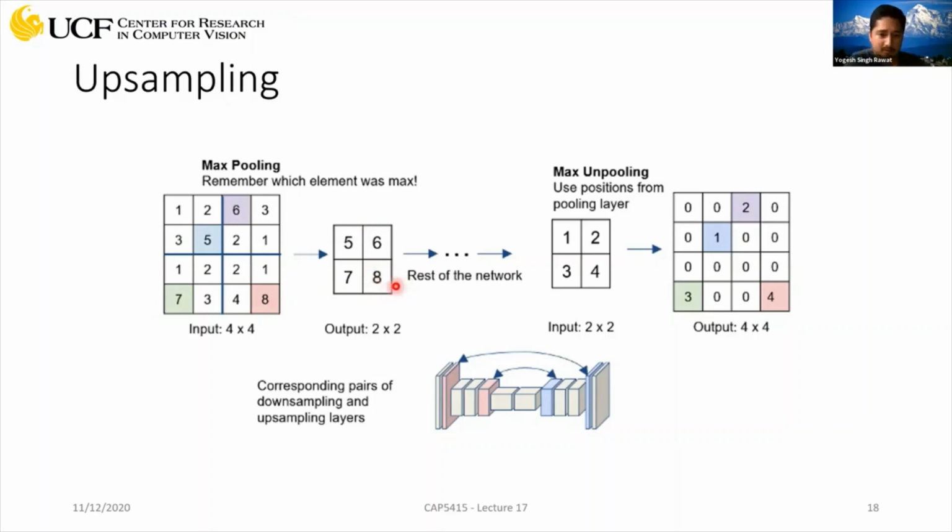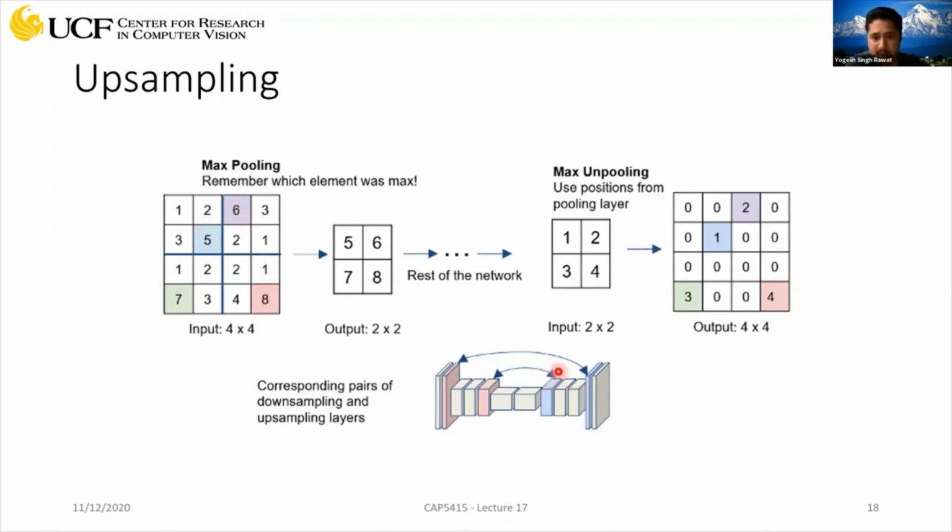Now, in max unpooling, you store a map of from which particular location your values were picked. So this heat map says that this value, this value, this value, and this value were picked. So you keep a note of that.